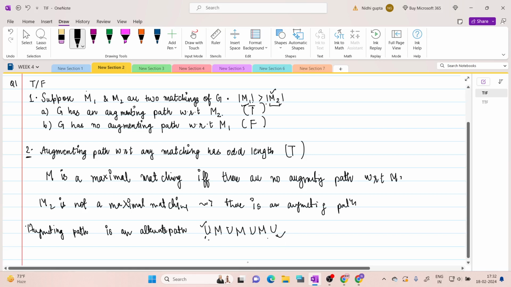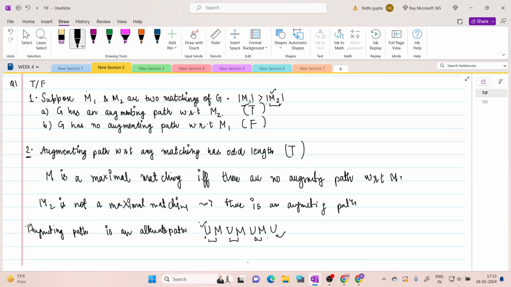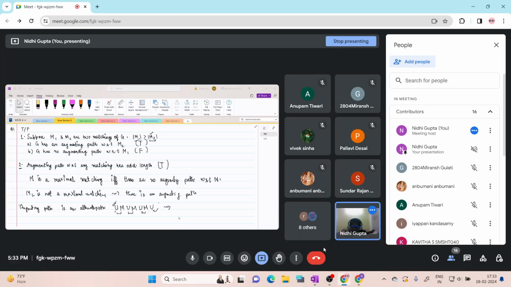So the augmenting path starts with an unmatched edge and ends with an unmatched edge, and alternates between unmatched and matched edges. Therefore, it should have odd length. Is it clear to everybody why augmenting paths should have odd length? Because we have to start with an unmatched vertex and end with an unmatched vertex.